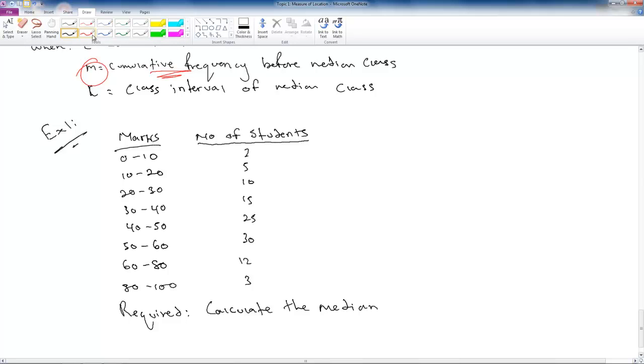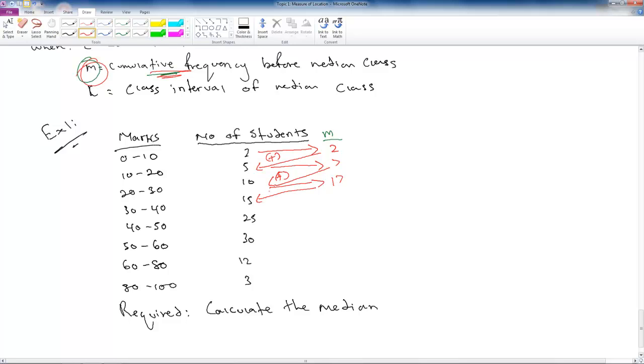So the first step is to calculate the M, which is your cumulative frequency. Over here, you start from 2, then you add 5, you get 7. Then you add 10, you get 17.